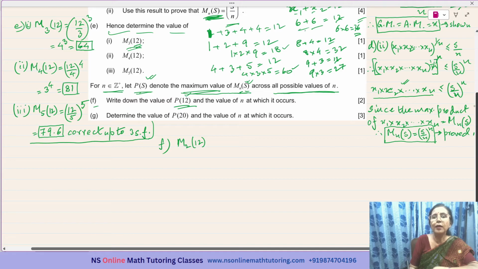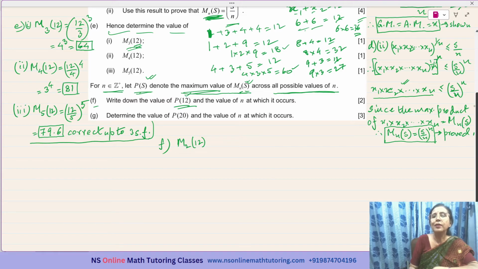When the two numbers were equal, 6 plus 6 is 12, and 6 times 6 is 36. So M2 of 12 was 36. M3 of 12 is 64. M4 of 12 is 81. M5 of 12 is 79.6.